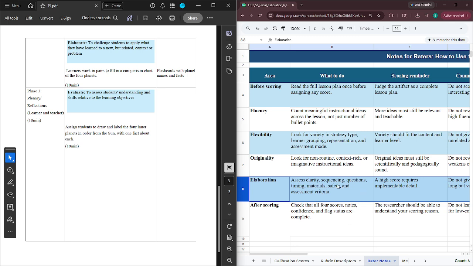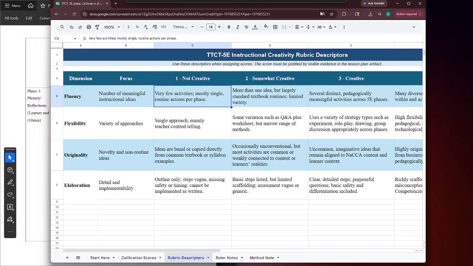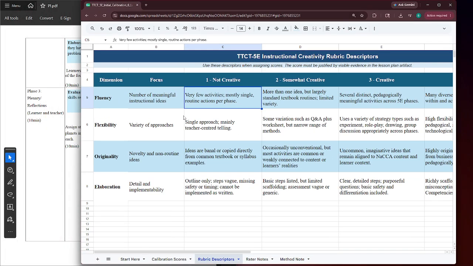But then let's check which of these actually matches perfectly with what the teacher demonstrated. So for fluency, very few activities, mostly single or routine action per phase. So I think there were a lot of actions. It doesn't suit this one. So we check the next one.